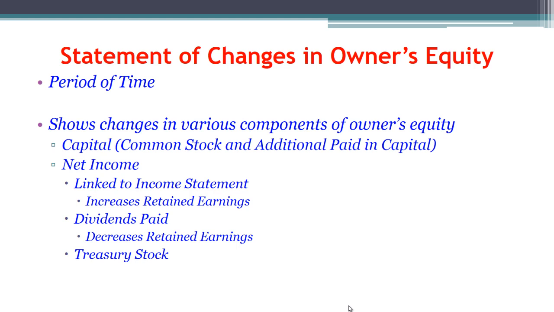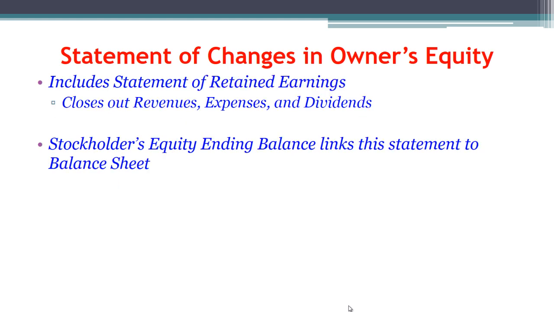And we also may have treasury stock that reduces owner's equity overall. So basically what we're listing out here is just the various components of this statement of owner's equity, the various things that could cause owner's equity to change. So within this statement of changes in owner's equity, we have a statement of retained earnings, which just obviously focuses on retained earnings itself.